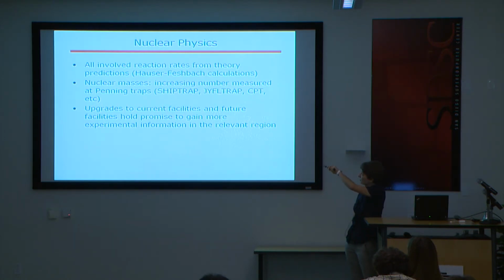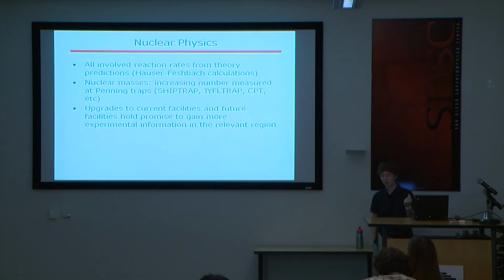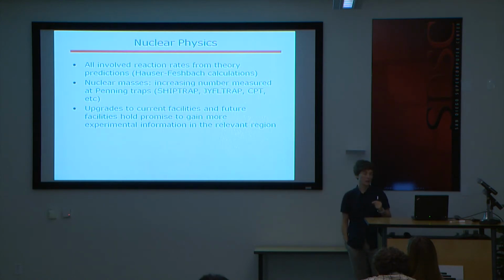Into these theoretical reaction rate predictions, what goes in are nuclear masses, spins, and information about levels. So even if you can't measure the cross-section, if you can measure one of these pieces that go into the theory predictions, that's better.